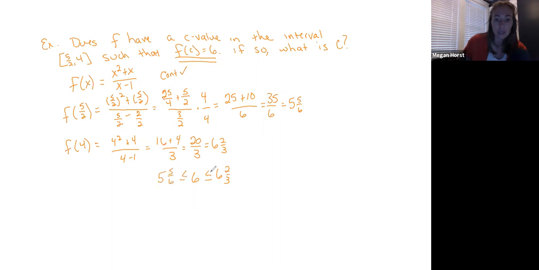And it is, right? That c value is between f of 5/2 and f of 4, or my f of a and my f of b. So that works as well.